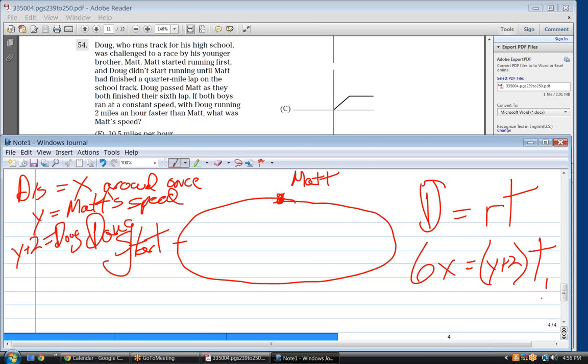Matt's equation is 5 3/4 x. That's the total distance he's going to go. His rate of speed is y, and his time is the same time because it takes Matt the same amount of time to go around 5 3/4 laps as it takes Doug to go around 6 laps.